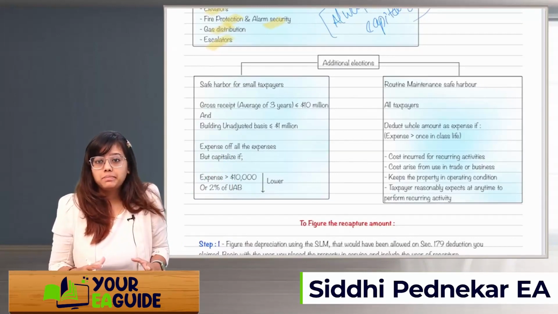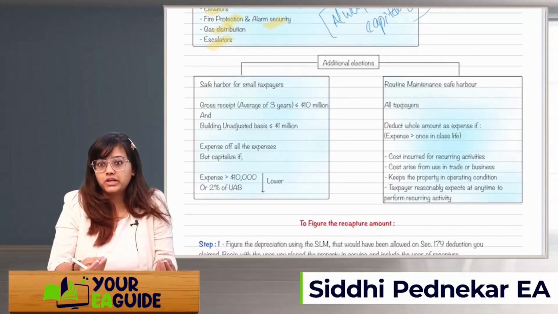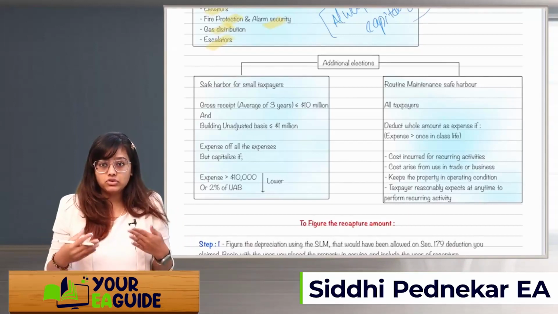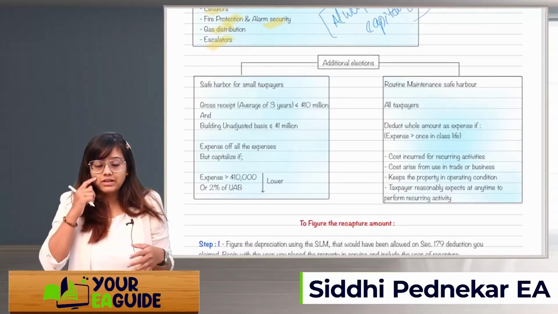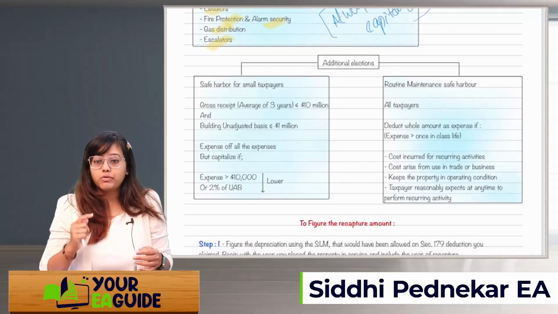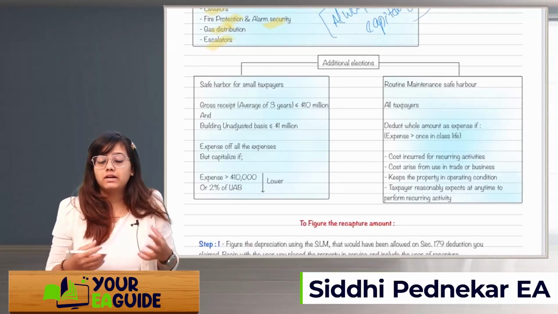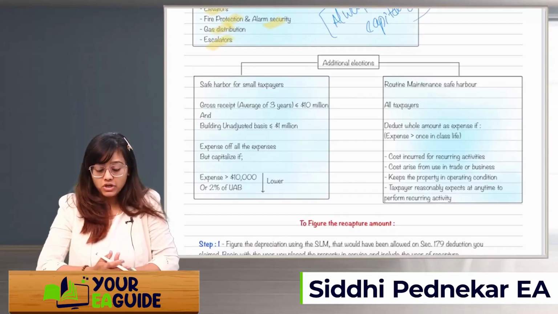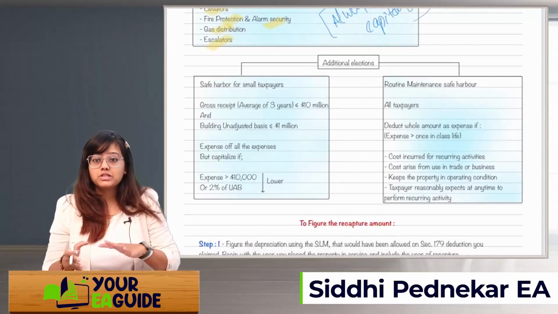Normally if a taxpayer is doing some routine maintenance on their machineries, equipment or factory, and those repairs are necessary, then deduct the whole amount as an expense. Even if it's over and above 2500, you don't have to capitalize it, because those are routine maintenance that come on a day-to-day basis and are required. So those amounts will not be capitalized, will just be expensed off.